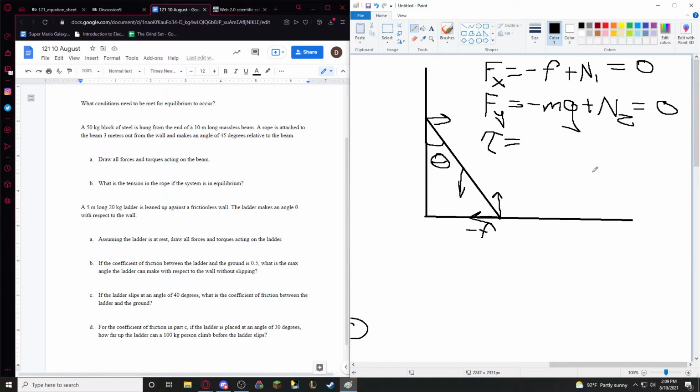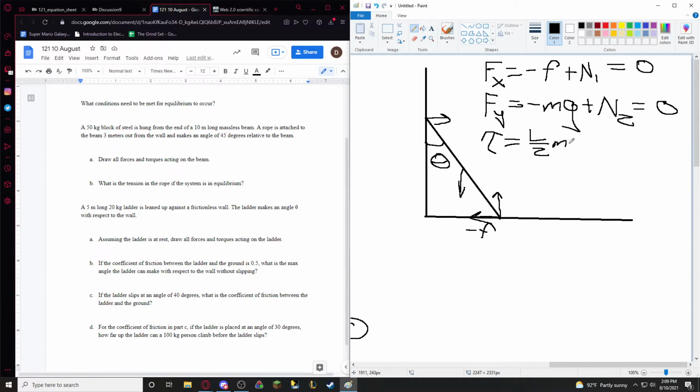Anything else? The force is going straight down, so it should just be that, right? And you're using L, the length of the ladder, right? So we don't have to worry about anything else? Just L over 2 times mg?